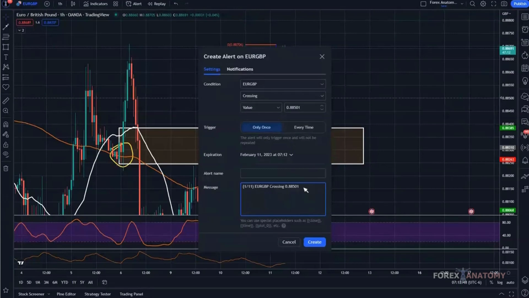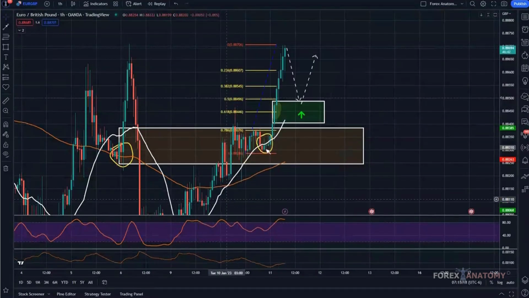We're going to say price pull back to test structure plus 50 fib 1 hour. We can say look to buy. All right. So yeah, we're going to look to buy.